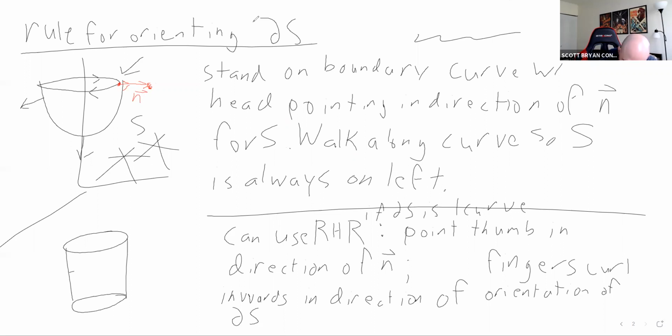Suppose we have a cylinder and we have inward pointing normals. Now we have two boundary curves, we need to orient them both. So let's draw our little stick figure. We're standing sort of inside the cylinder. If we're doing that, our left is going to be on this side.